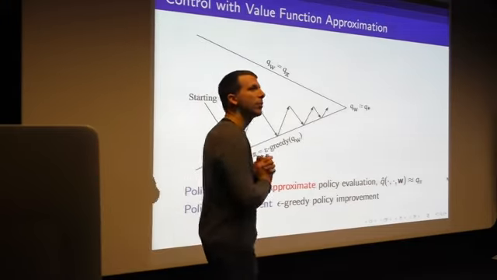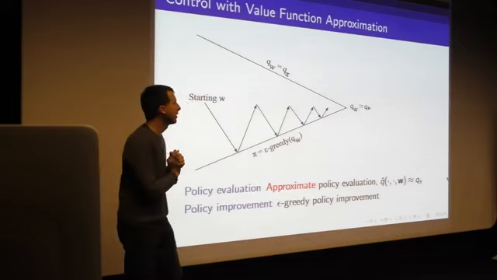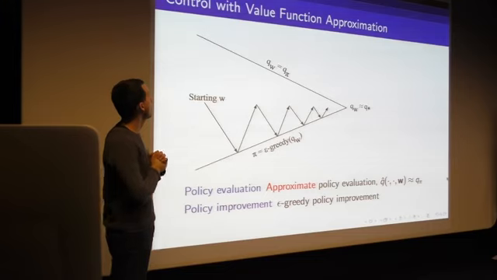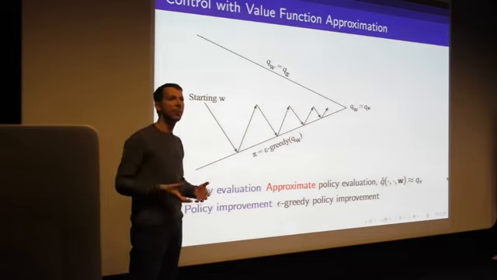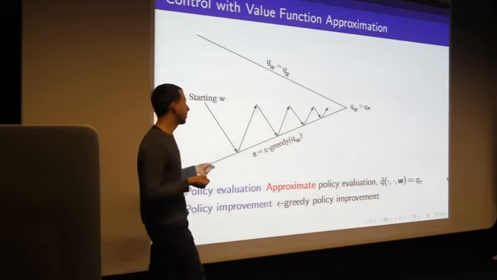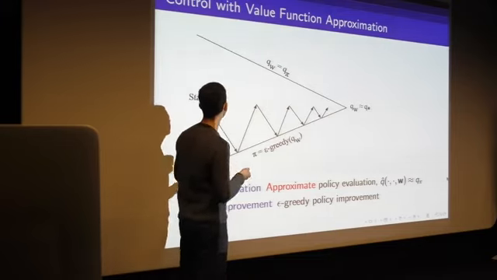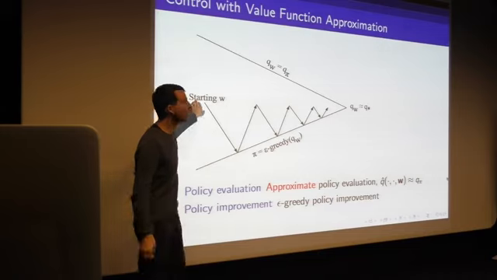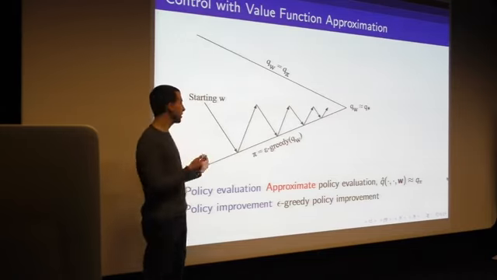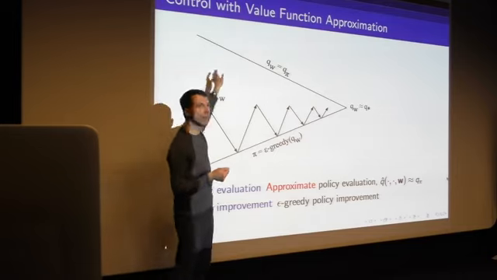Okay, let's move on to control. So we're going to use the same idea for control that we saw in the last lecture, where we're still going to build on our idea of generalized policy iteration, but now we're going to use approximate policy evaluation. So we're going to start off with some parameter vector, and that parameter vector is going to define some value function.